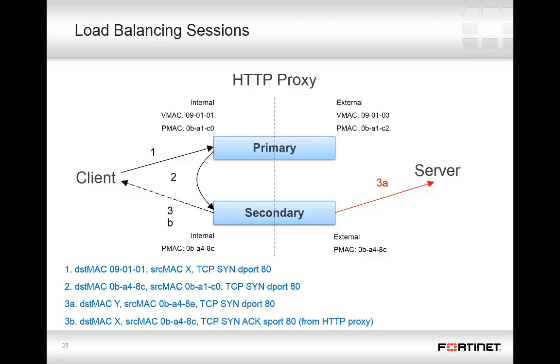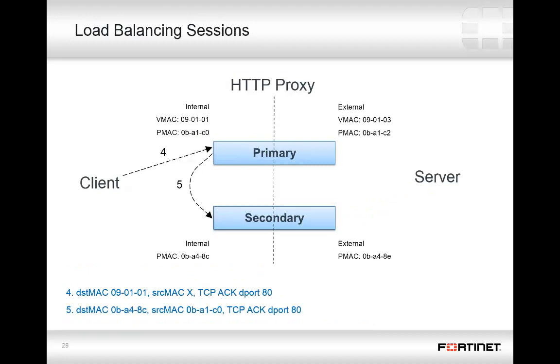First, the client side sends a SYN packet. It's forwarded to the primary FortiGate. If the primary offloads the connection to a secondary, then the secondary responds with ACK and starts the back-end connection with the server. Otherwise, the primary does.